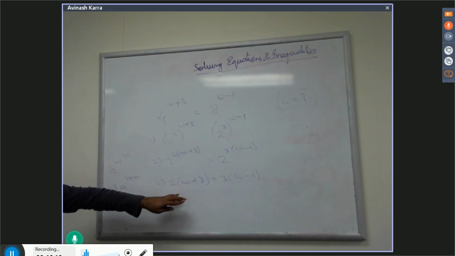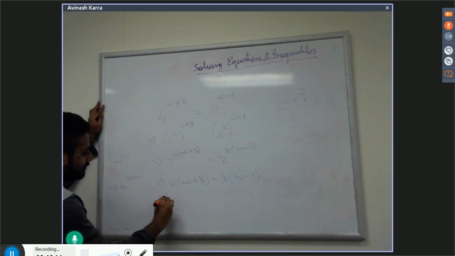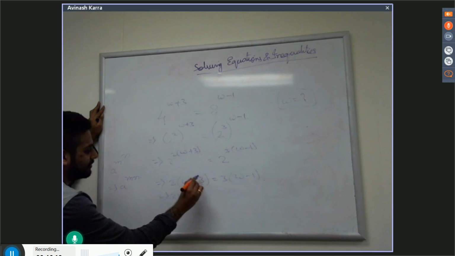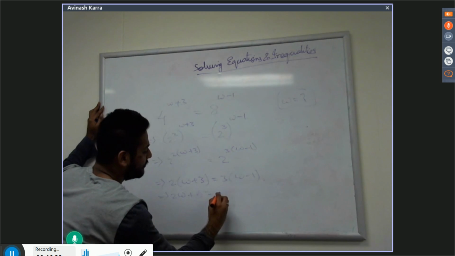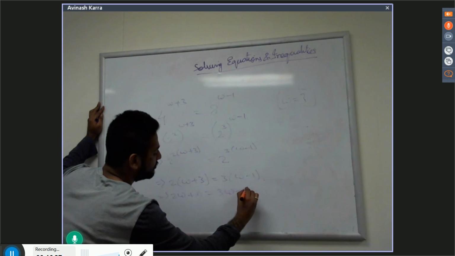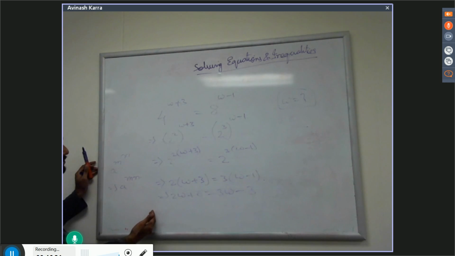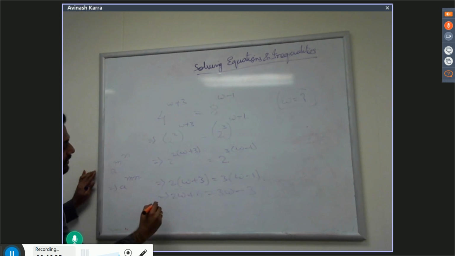The same way as we did before: 2w plus 2 into 3 is 6, is equal to 3w minus 3 into 1 is 3. Now take all the variables to one side and all the constants to the other side.